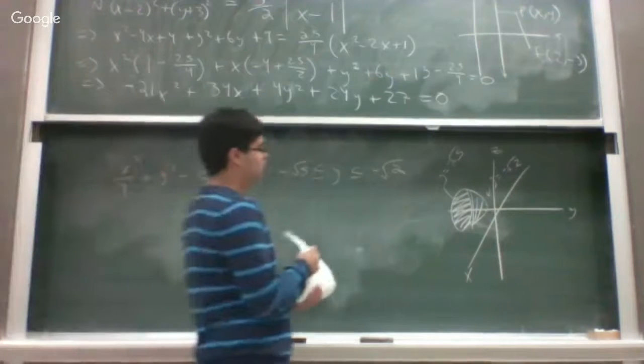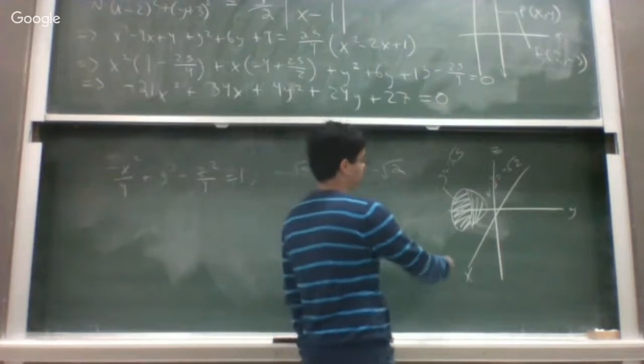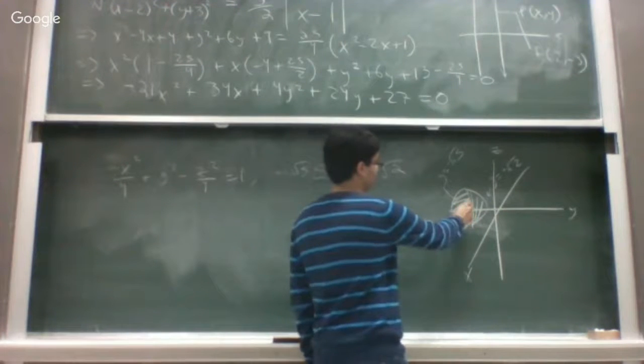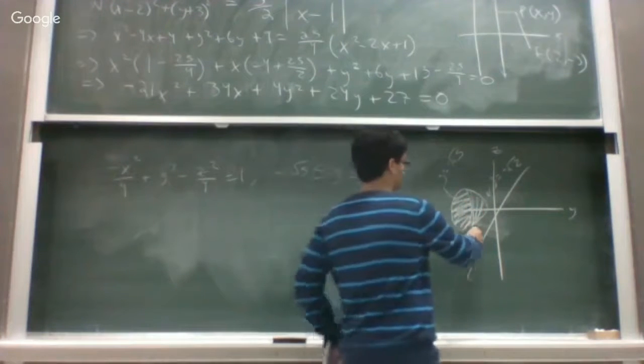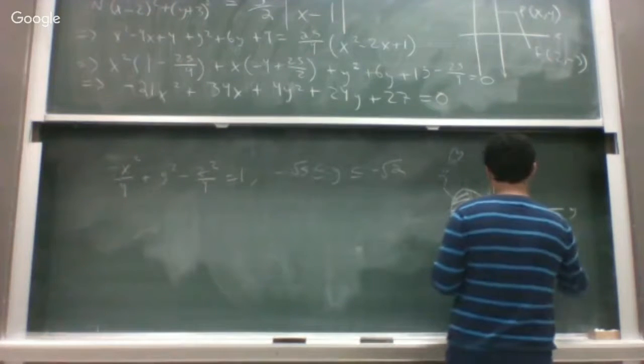And since the surface is facing this way, its radius outward would be a function of the square root of x squared plus z squared.